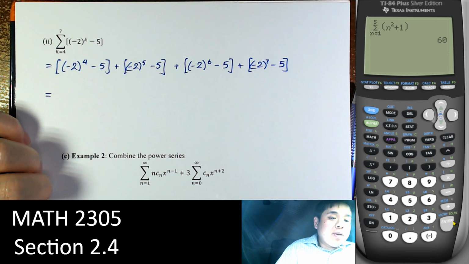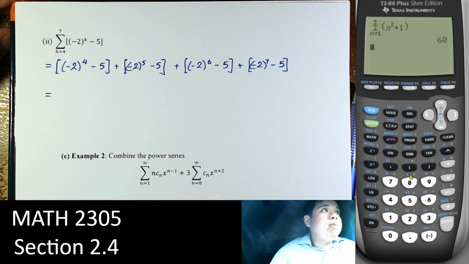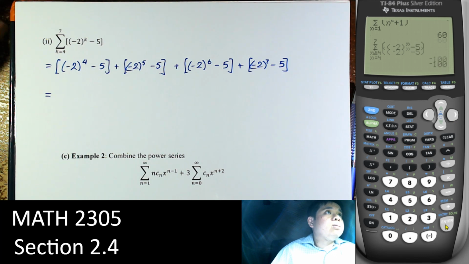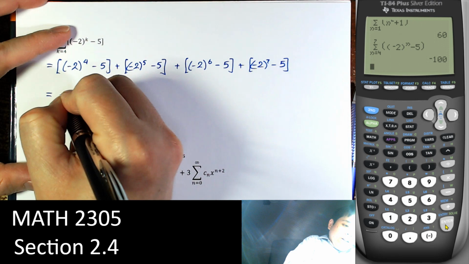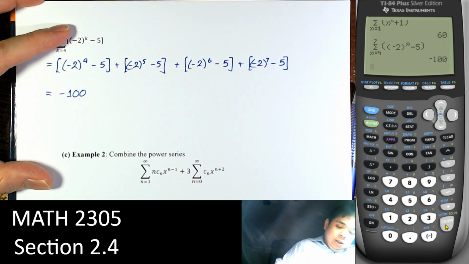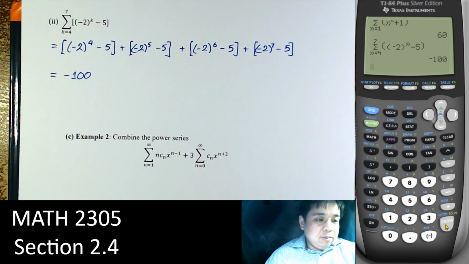Of course you can do the math here, but I'm just going to put everything in the calculator here. Option 0, by the way, if you use this calculator. Alright, so we go from 4 to 7. So I have -2 to that, -5. That's -100. Right. So just do that.